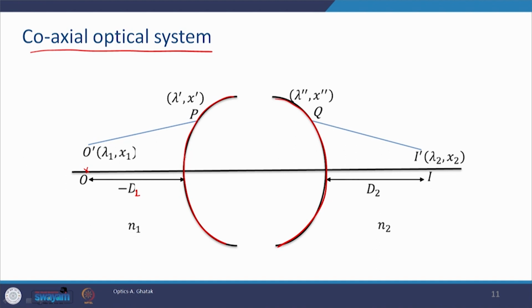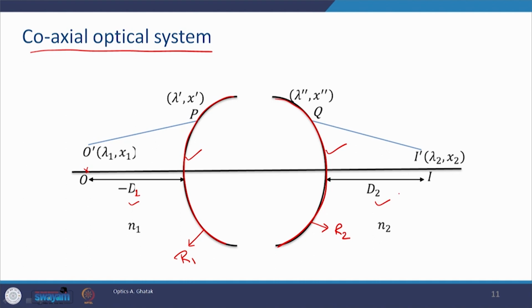This is the left refracting surface, this is the right refracting surface, and suppose the radius of curvature of the left refracting surface is represented by R1 and the radius of curvature of the right refracting surface is represented by R2. d1 is the position of the object from the left refracting surface and d2 is the position of the image from the right refracting surface.